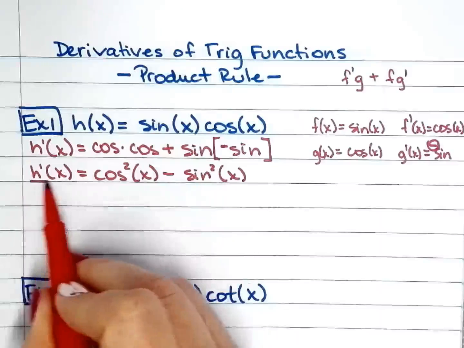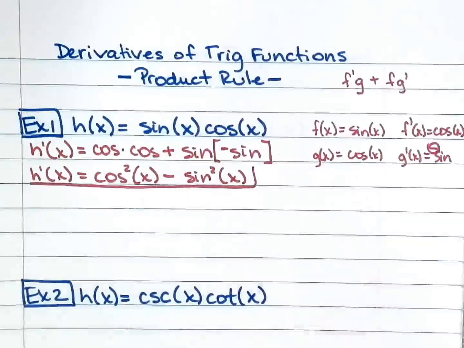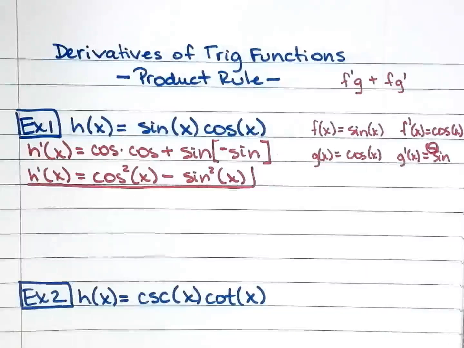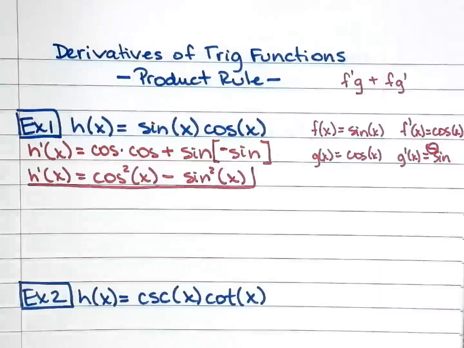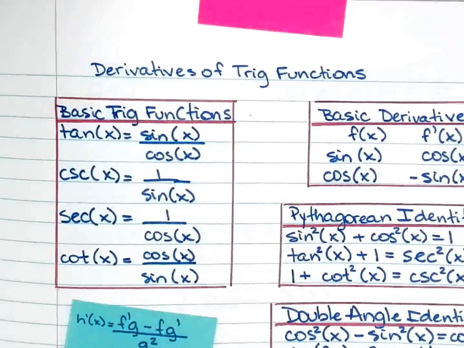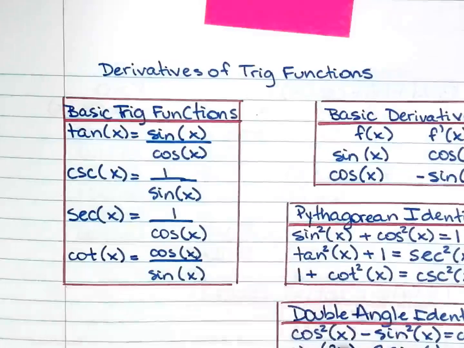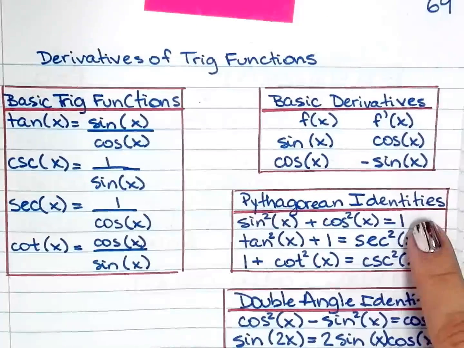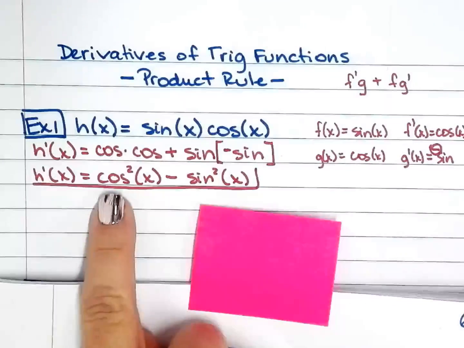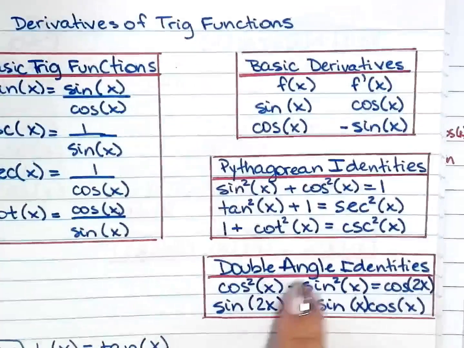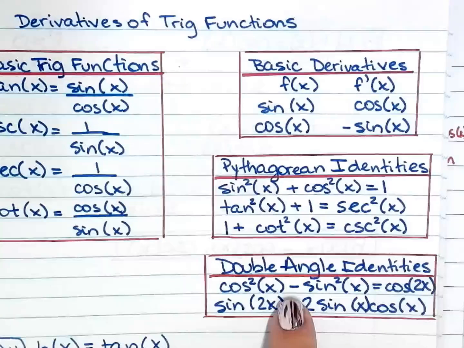Now, this is nice and pretty, and mathematically correct, but your professor probably would like you to simplify it some more. Remember from a couple videos ago, we talked about the derivatives of trig functions, and that was just the basics. So when I have cosine squared minus sine squared, it's the double angle identity. That negative is always the enemy.